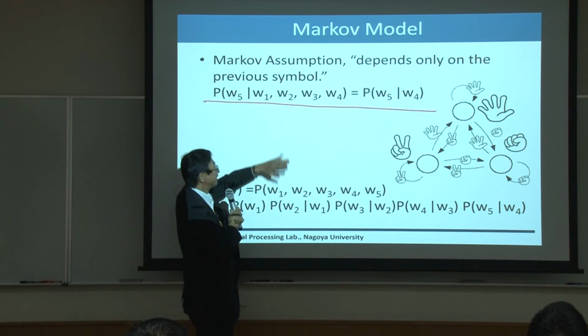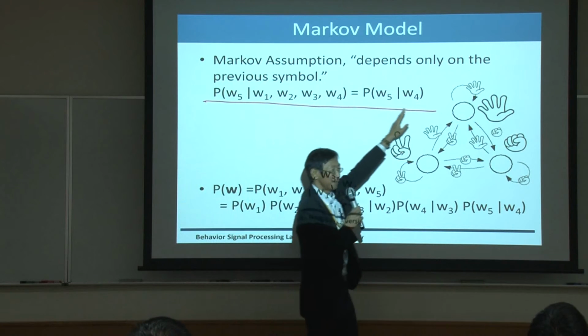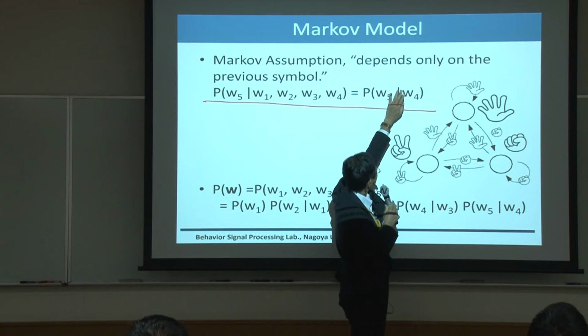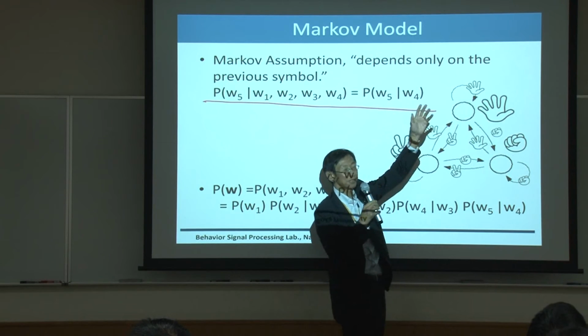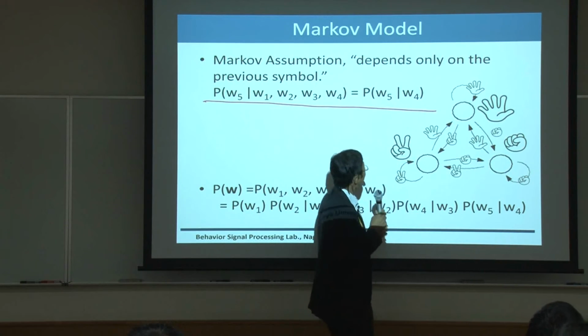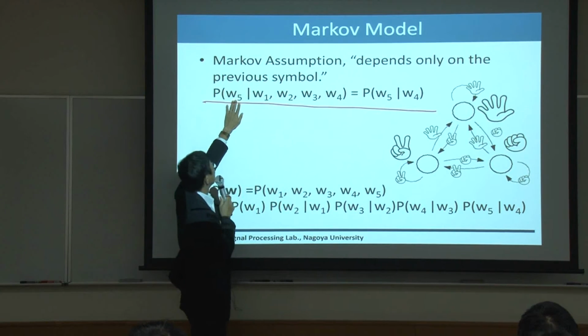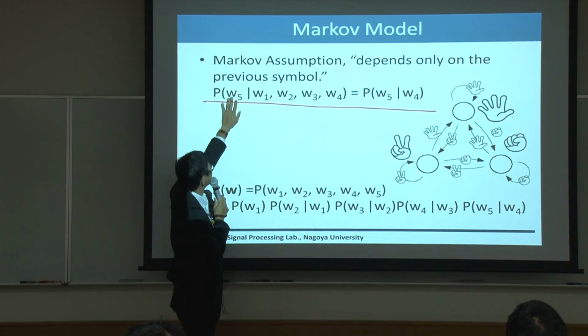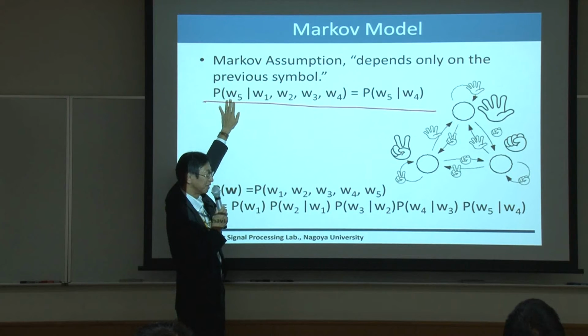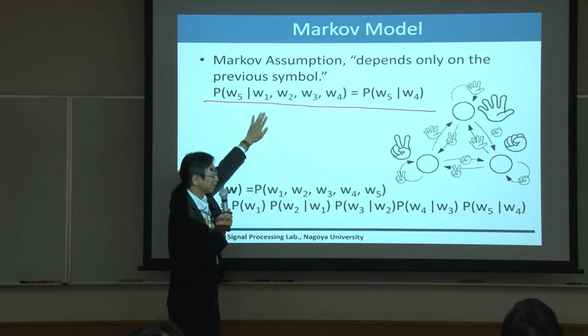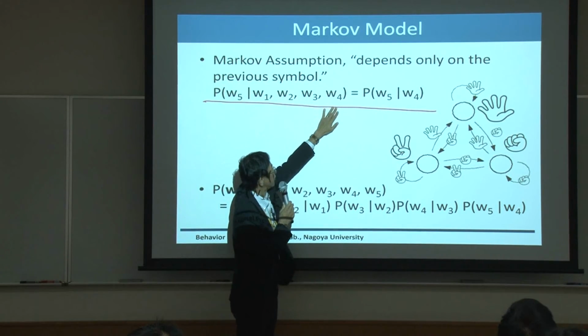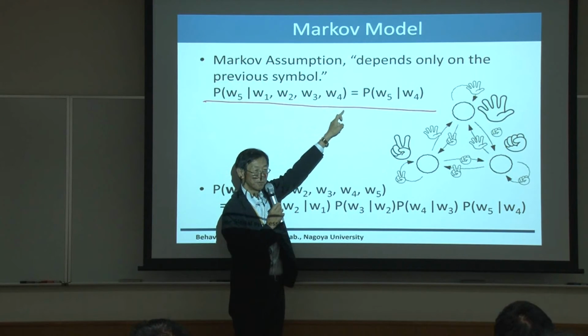But anyway, forget about the very long past, and consider just the current one or one step before. Suppose that the probability of having the signal W5 at this moment depends only on the one step before, like W4.